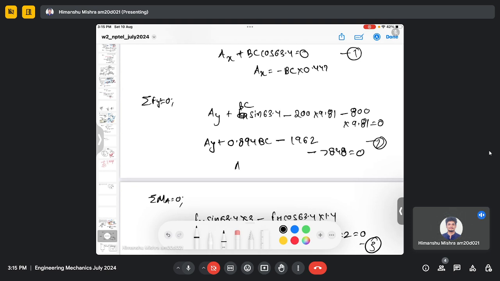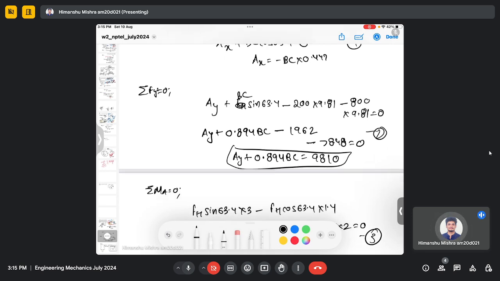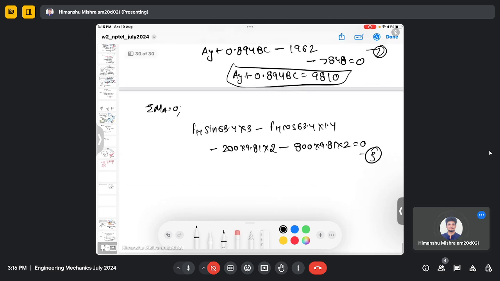So it will be AY plus 0.894 BC equals 9810. So this is from the second equation and this is from the first equation. Oh sorry, here I shall write BC.